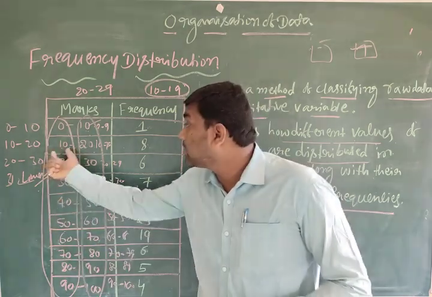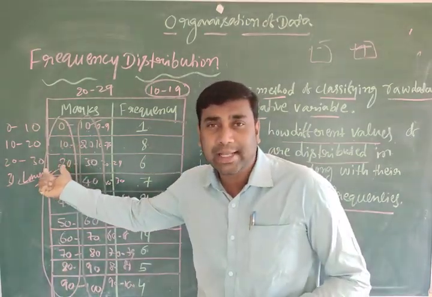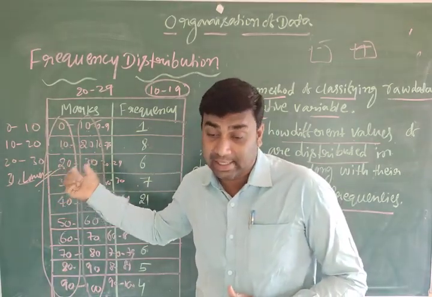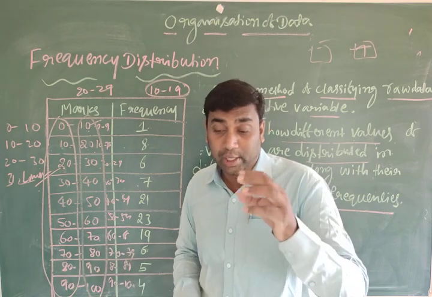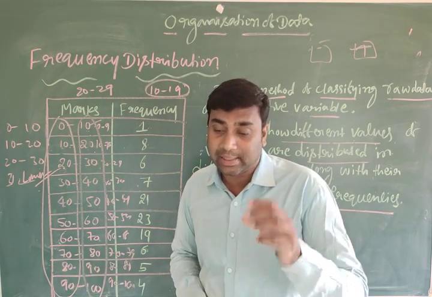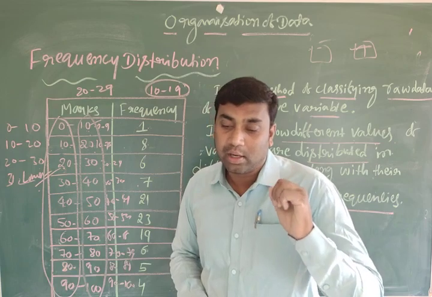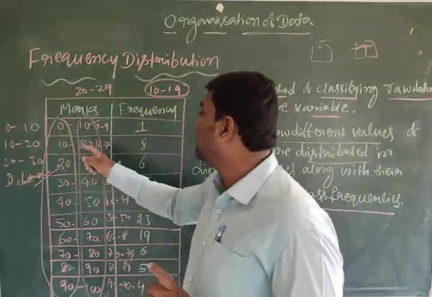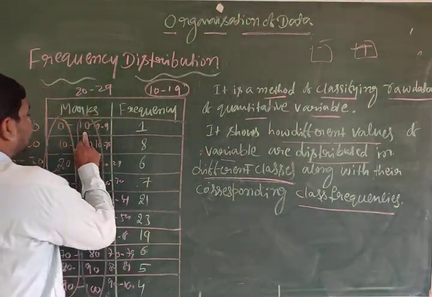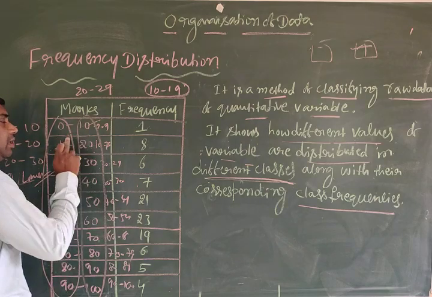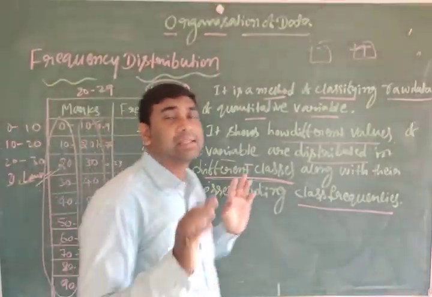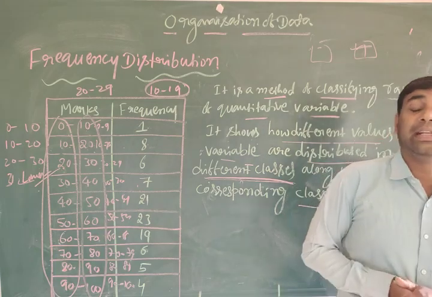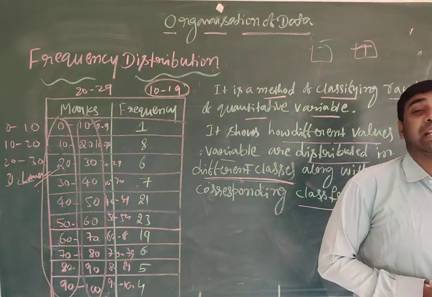The difference between the lower class limit and the upper class limit is called the class interval, or class width.